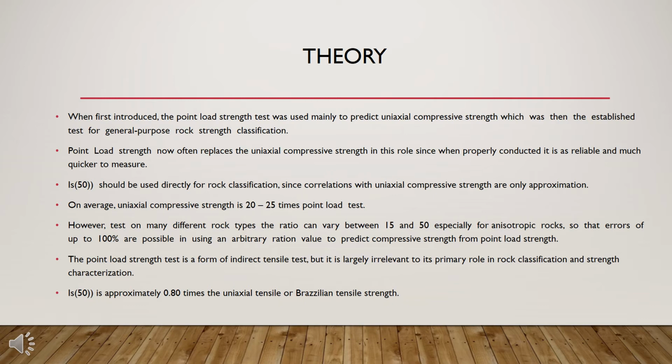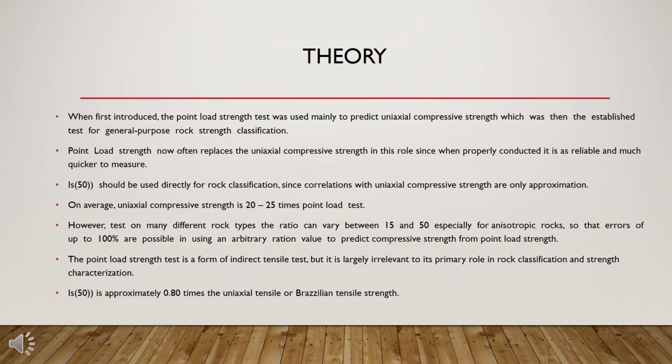On average, uniaxial compressive strength is 20 to 25 times the point load strength. However, in tests on many different rock types, the ratio can vary between 15 and 50, especially for anisotropic rocks, so that errors of up to 100% are possible in using an arbitrary ratio value to predict compressive strength from point load strength.